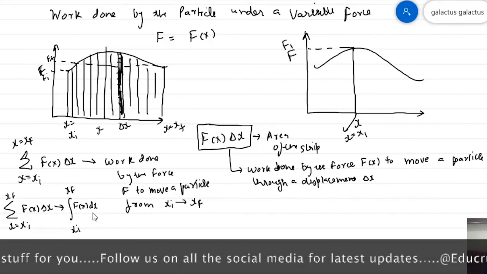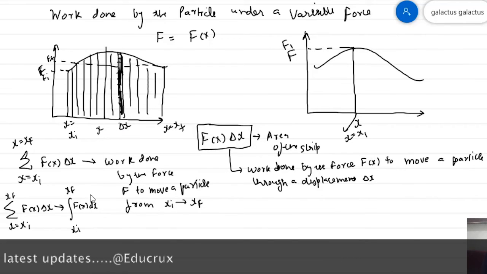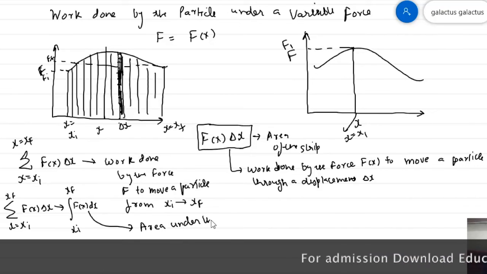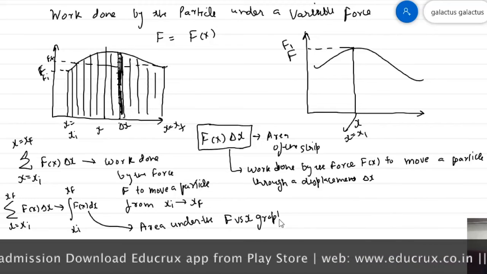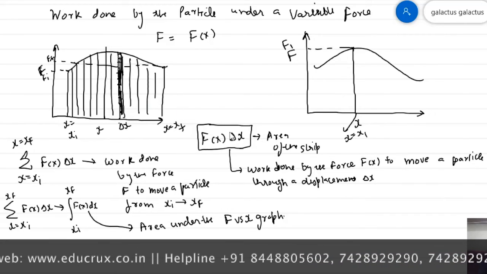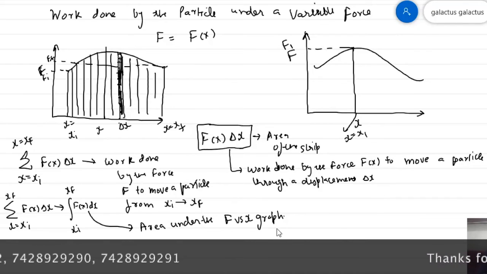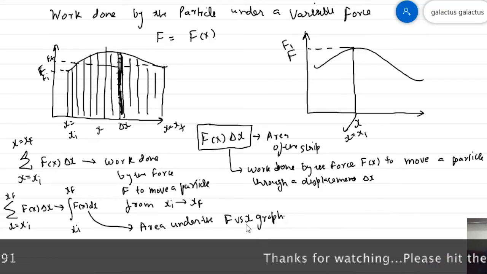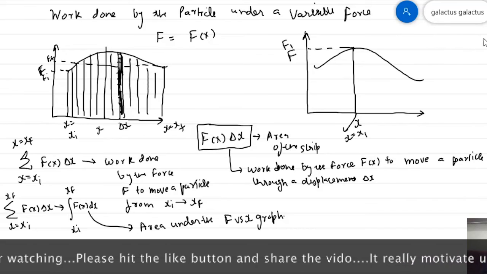So we see that this integration represents the work done by the variable force to move a particle from xi to xf, and it also represents the area under the F versus x graph. So we have understood that work done is nothing but the area under the curve of the F versus x graph. We will use this concept later on to solve problems.